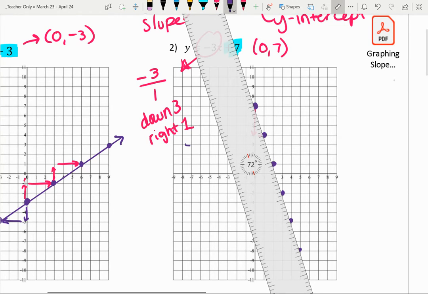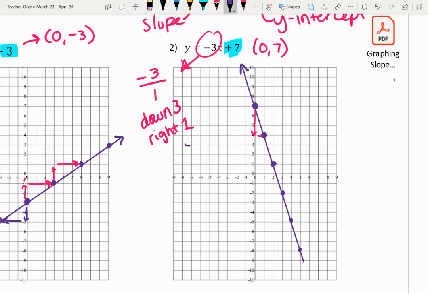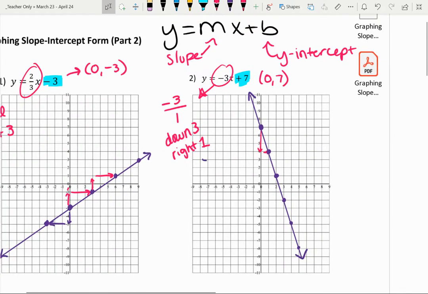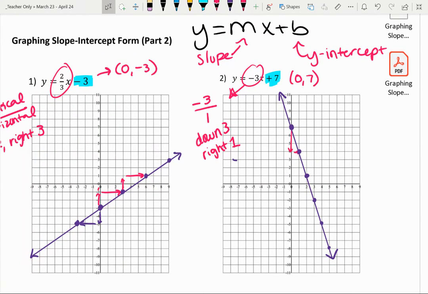Let me trace my line. Come on, line. There it is. All right. So again, starting with the y-intercept every single time, and then using our slope to find the rest of our points.